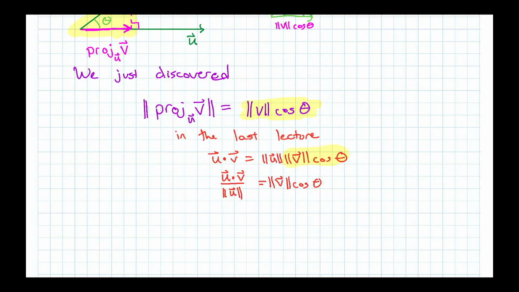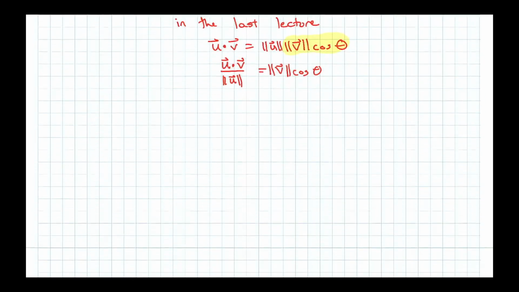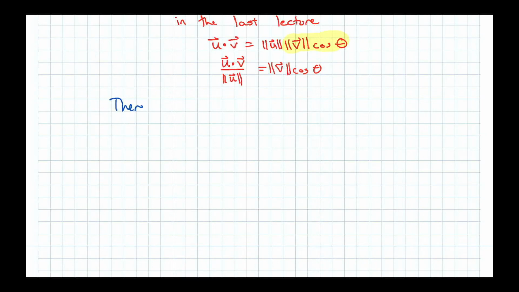So this tells us a fact. Therefore, the magnitude of the projection of v onto u is equal to u dot v over the magnitude of u.